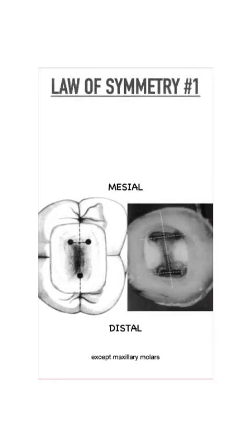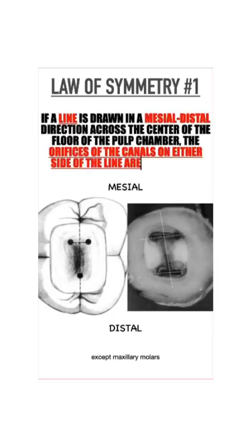The law of symmetry simply means if we draw an imaginary line in a mesial distal direction across the center of the floor of the pulp chamber, the orifices of the canals on either side of the line are equidistant.